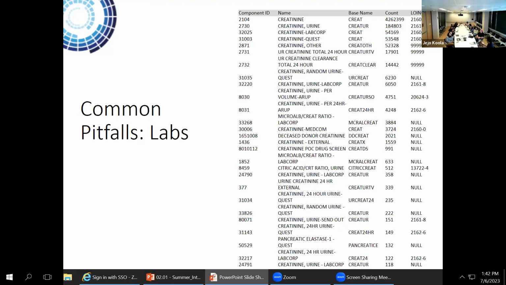Or maybe you're telling the analyst, hey, I would like to have all the creatinine values stored in our electronic health record system for these 500 patients. Well, if that's all you did, you're going to run into some troubles because there are multiple tests with the word creatinine in it. Some of those tests have to do with blood. Some of those tests are from urine.